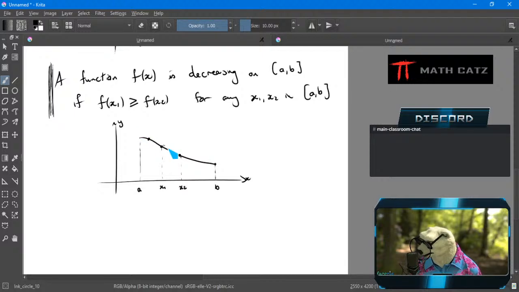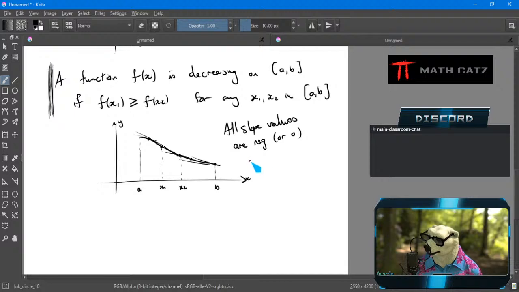Even though it's sometimes going to be flat, my slope lines are always going to be negative. So all slope values in a section like this will be negative or 0, meaning that my derivative needs to be less than or equal to 0.